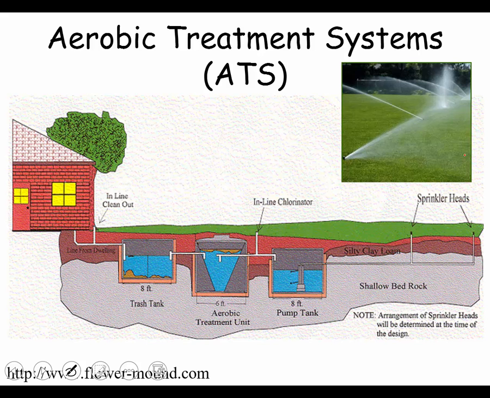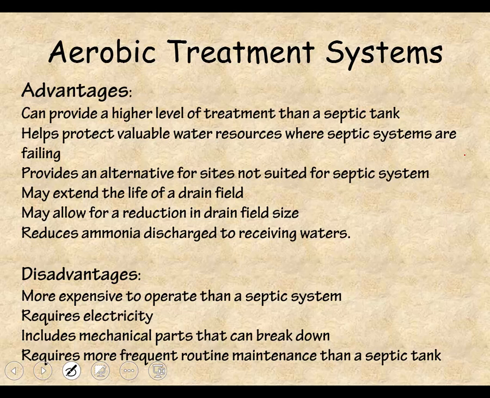You quite literally have a series of sprinklers that spray the water out, and in this case it looks very nice because it is giving you a nice lawn. There are some advantages to this. I'm not going to read them, and you can look at them if you're interested, but some of the big advantages are that you can put them almost anywhere, particularly areas that are unsuitable for septic tank systems.